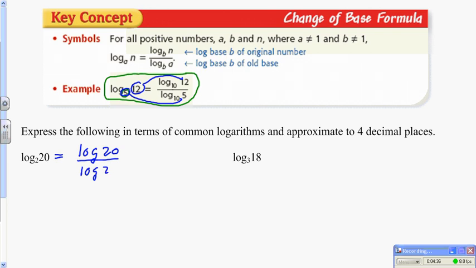So we can actually use our calculators to do these questions. So it's not actually calculating base 2, but it is using log base 10 to do the calculations, in the formula that is. And this one would be log 18 divided by log 3, which would give us about 2.6309.